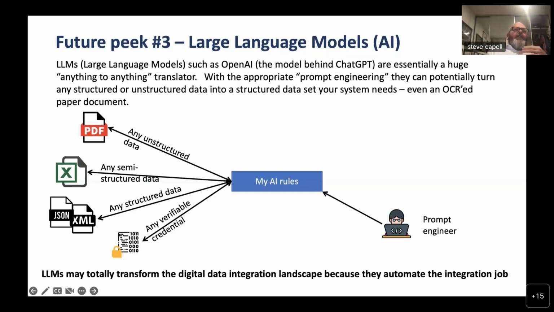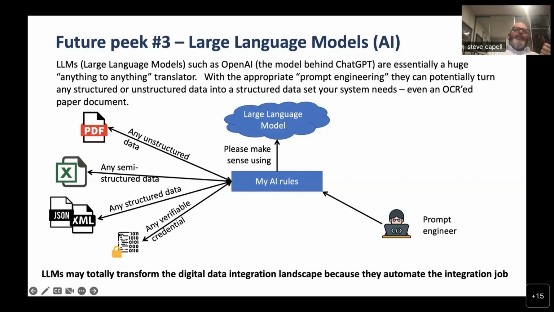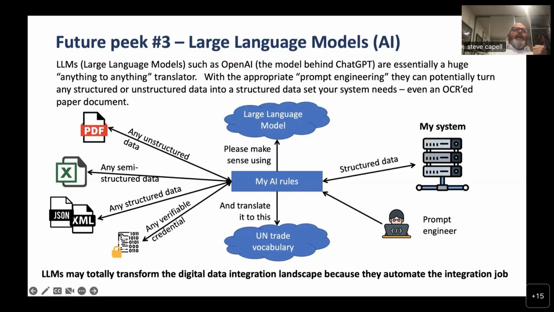And as a consequence, it's quite a powerful way to absorb any data source, structured data, unstructured data, or semi-structured data, in almost whatever format it's provided, and ask the large language model to make sense of it and map it to your favorite vocabulary, such as the UN Trade Data vocabulary, and then pass that data into your system in a way the system understands.